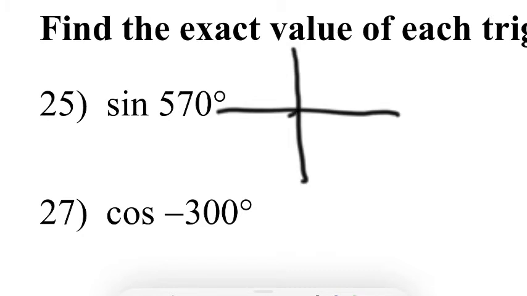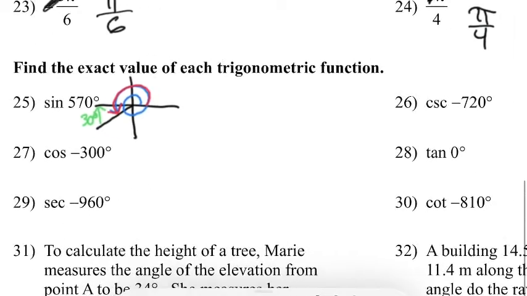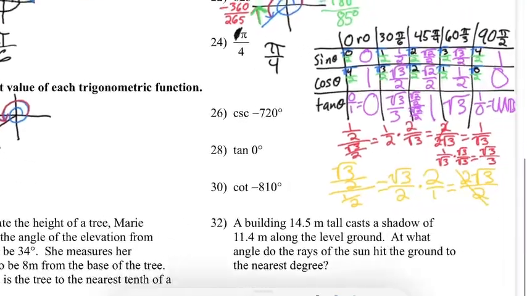So sketching this would be roughly in our third quadrant. You would go positive all the way around, and you would be left with roughly 210. So this part here would be your 210. Now you want to go backwards, back to this x-axis, and that would be 30 degrees. So you're looking for a sine of 30 degrees.